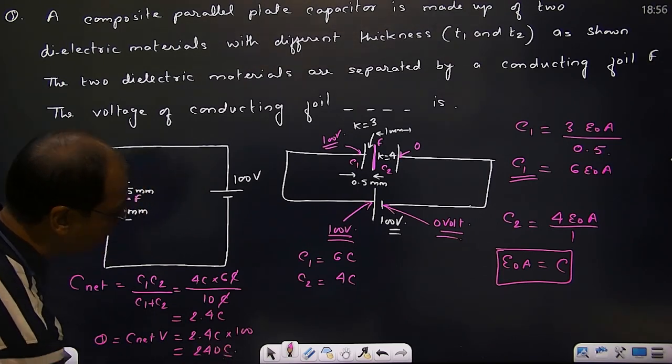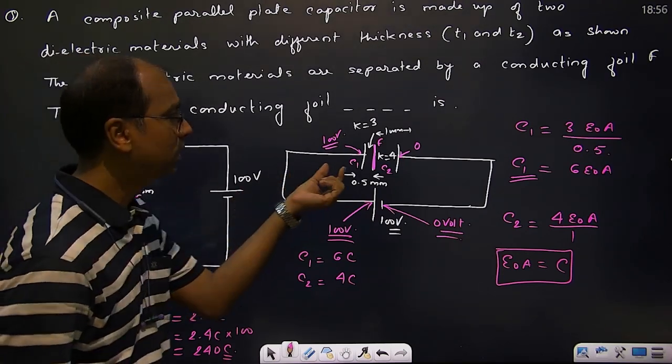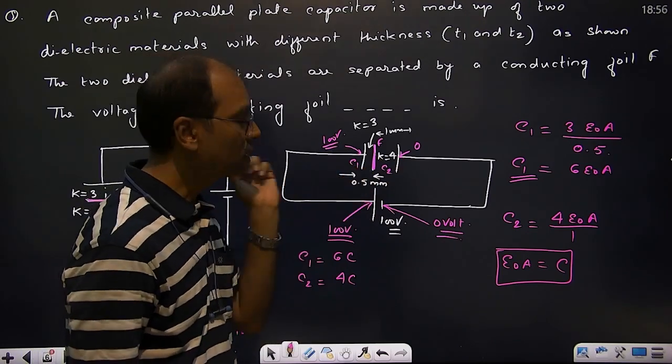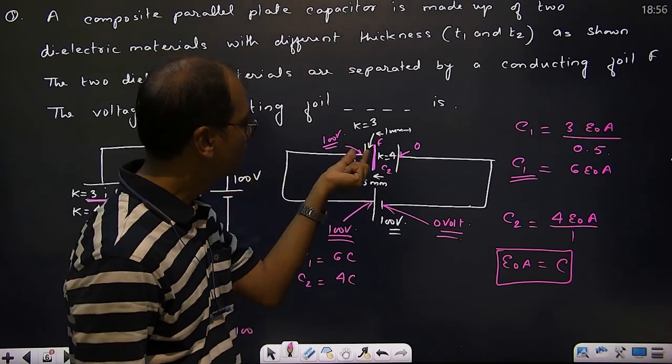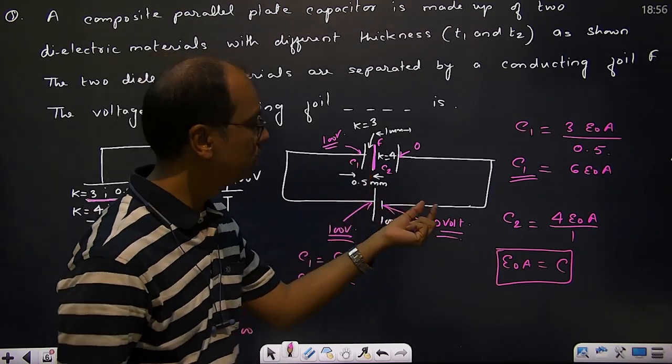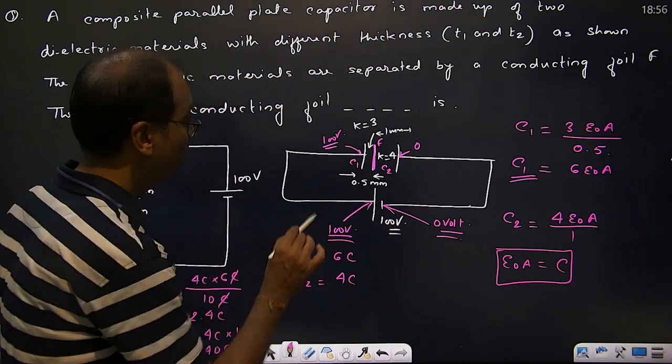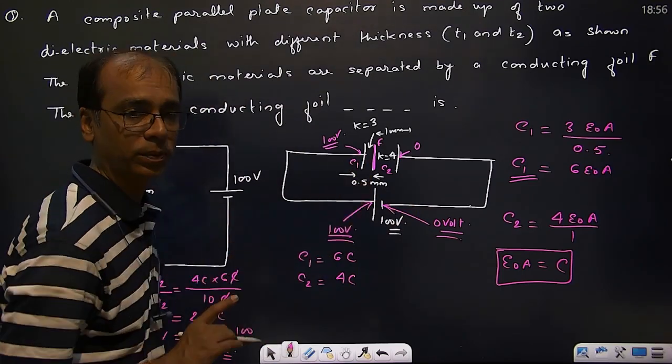Now being in series means same charge will be on this also. So how much is the potential drop across this? This is C1. C1 means 6C. So V1 is how much? That is what we have to see.